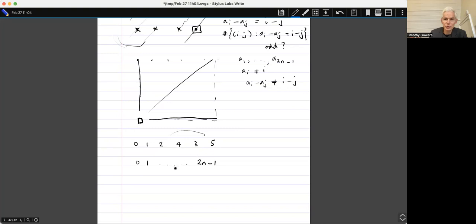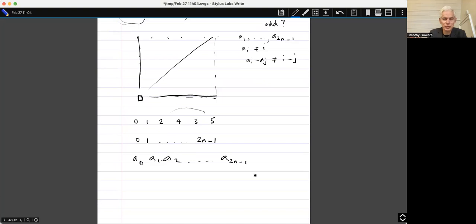So if I swap a couple of things, perhaps I'll go for a_0, a_1, a_2, up to a_{2n-1}. I'm slightly encouraged by this because at least I'm thinking about an invariant. I don't know whether this particular one's going to work, but it might be something along these lines, some sort of parity idea. So if I swap a_1 and a_2, now I can get any permutation by swapping consecutive things.